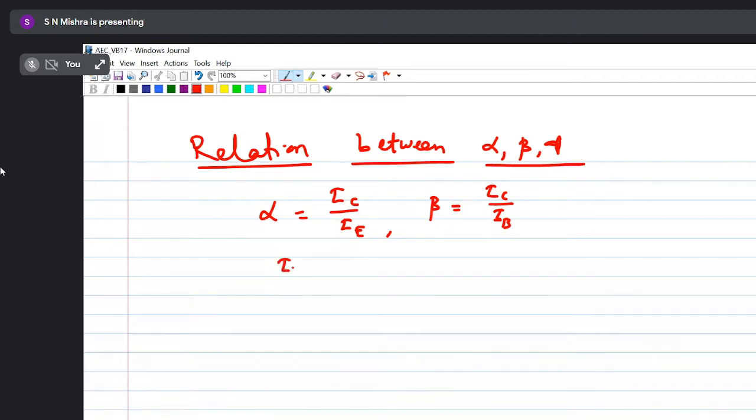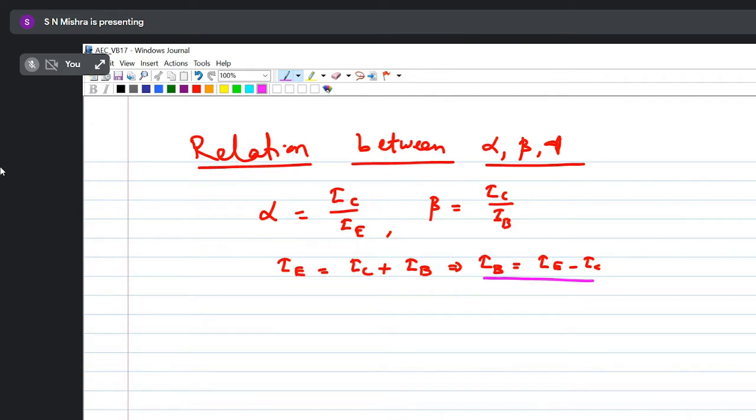We know the basic equation: emitter current equals collector current plus base current. If I want to find base current, then IB equals IE minus IC. Now I'll put this in alpha or beta.